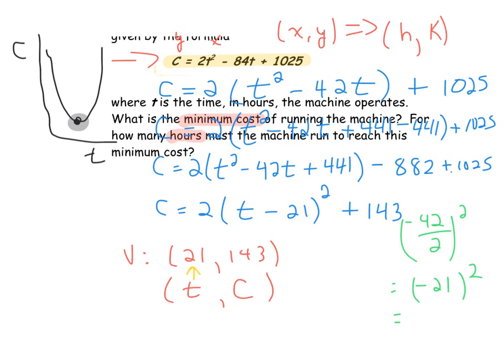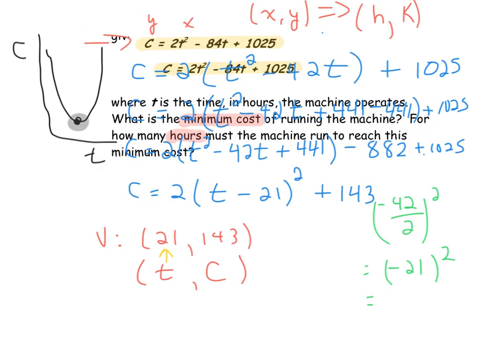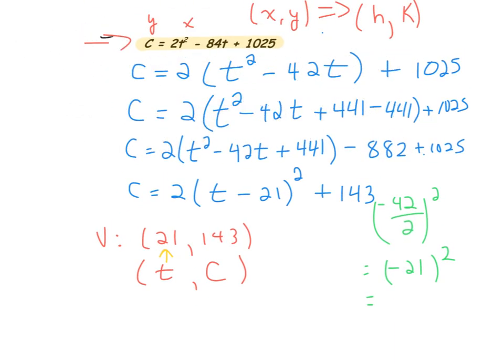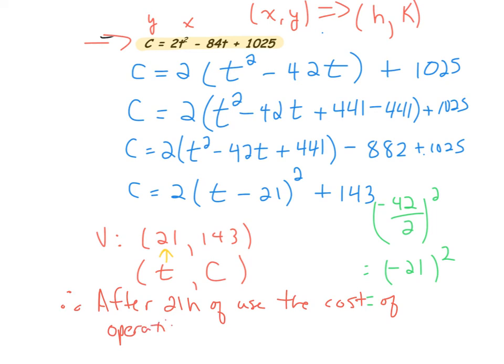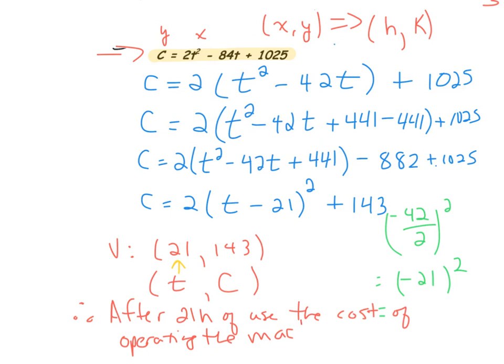So now if we go back here, we can then definitively say that therefore, after 21 hours of use, the cost of operating the machine is $143.